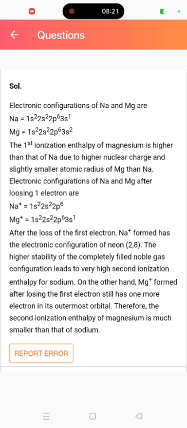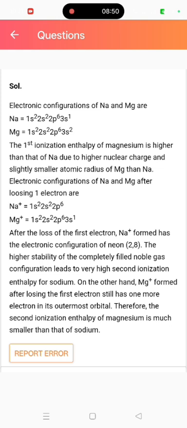After the loss of the first electron, Na plus has the electronic configuration of neon, atomic number 10, 2 8. So higher stability. Higher stability of the completely filled noble gas configuration leads to very high ionization enthalpy for sodium. So to take one more electron from Na plus, a high amount of energy is needed.